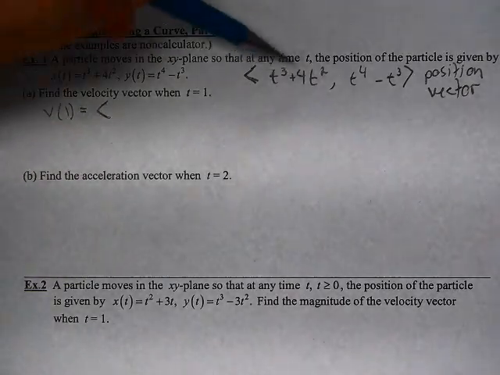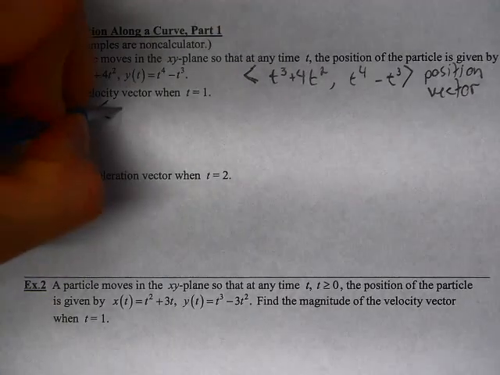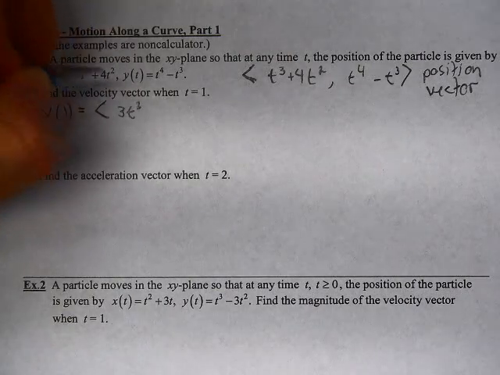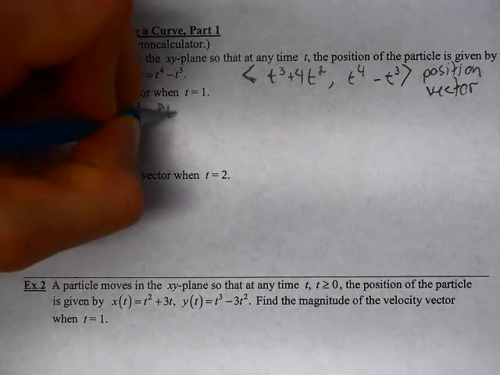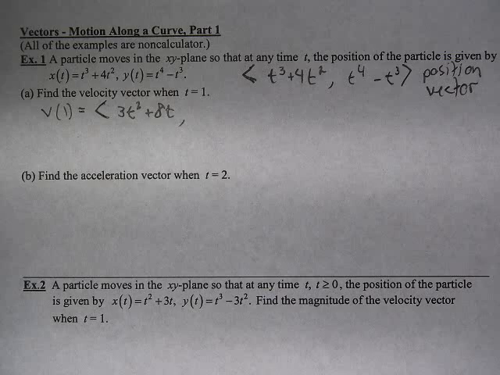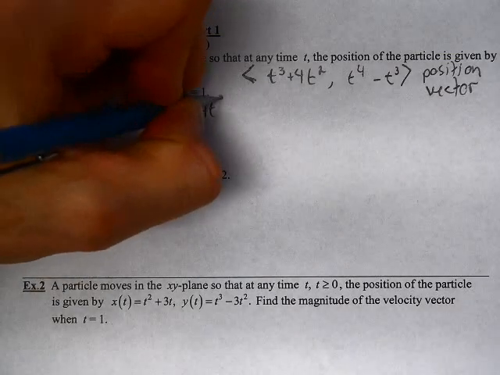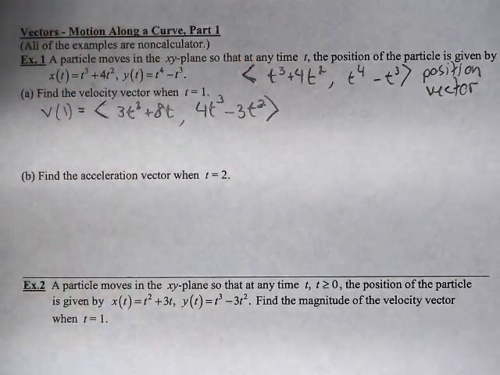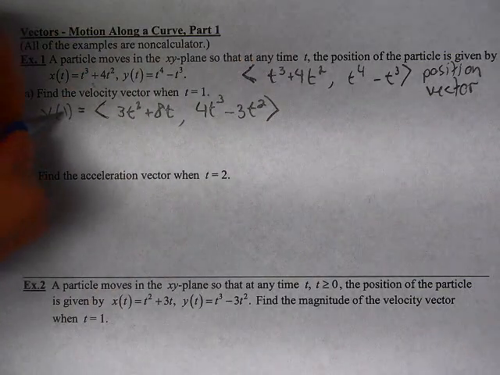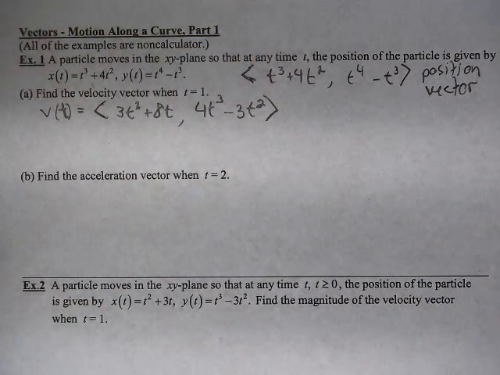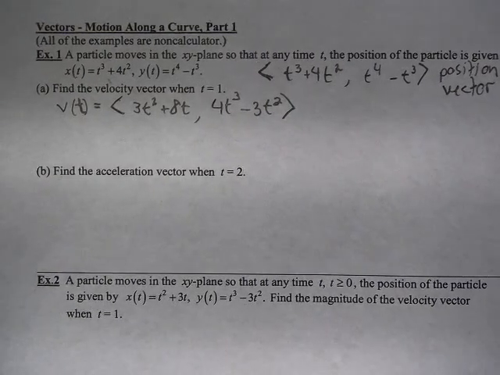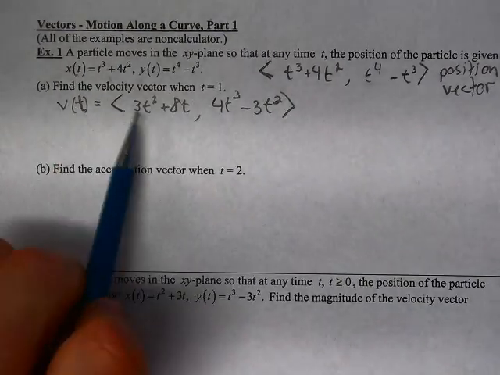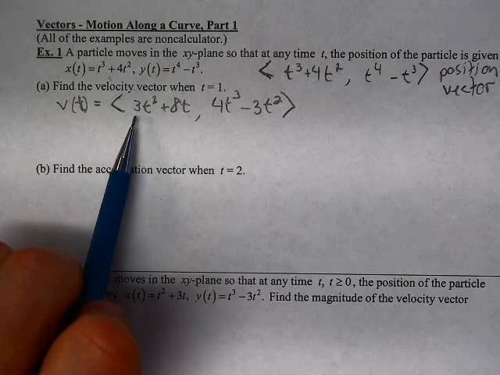So t cubed plus 4t squared, we get 3t squared plus 8t. And then we have 4t cubed minus 3t squared. So this is v of t. We have not plugged that t value in yet. So this is our velocity vector. It's the derivative of the position vector.